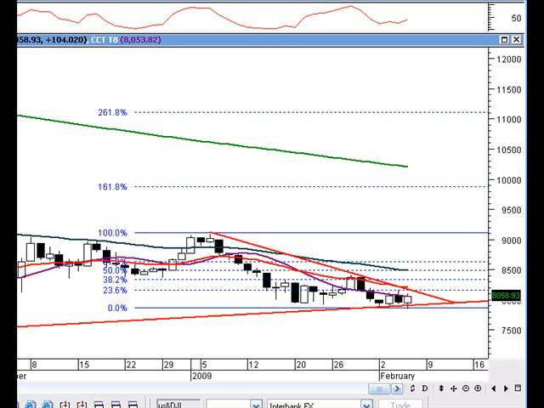Now let's take a look at our support and resistance. Let's do the shorter term first. There's some downside support at 81.84. It broke below that 5 days ago, which is a bearish sign, although it is coming up to that area right now.